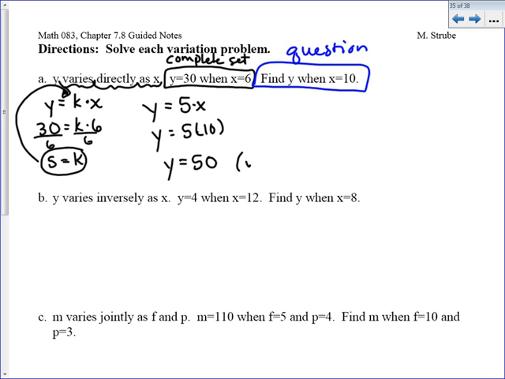You don't need to put this last part, but it's when x equals 10. So after you get your equation, you've got your number in for k, you just take the question information and substitute that back in. So you substitute twice. You substitute to find k, you substitute to answer the question. So the answer to this whole question, y equals 50. That would be your final answer.